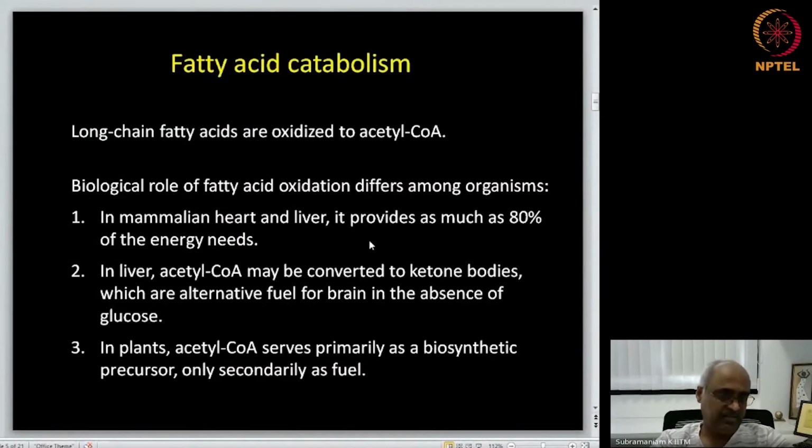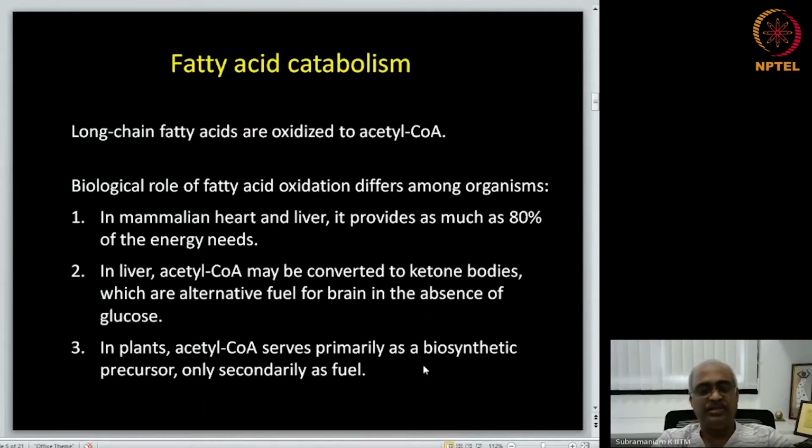In addition, in liver, acetyl-CoA can be converted into other things, in addition to entry into the TCA cycle. So it will use acetyl-CoA via the TCA cycle for its own energy requirement. Here it's referring to liver. And in addition to meeting its energy requirement by oxidizing acetyl-CoA via the TCA cycle, liver can convert acetyl-CoA into ketone bodies.